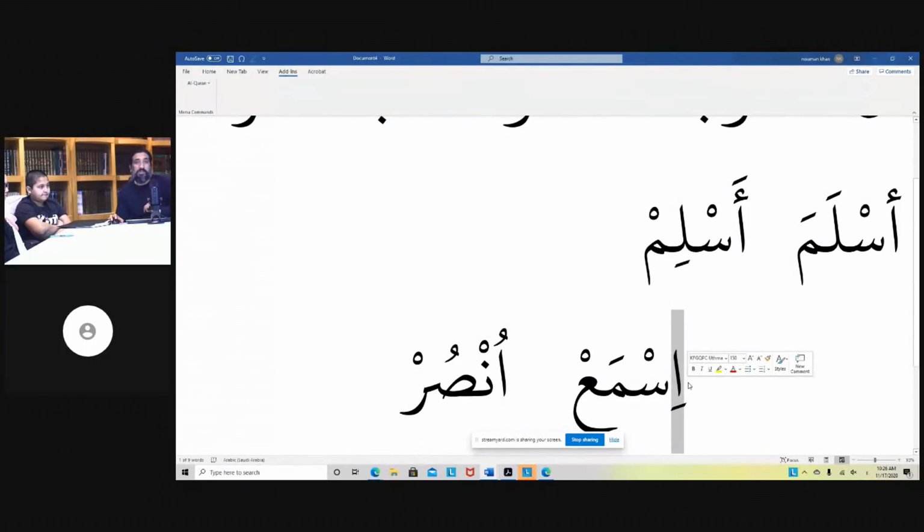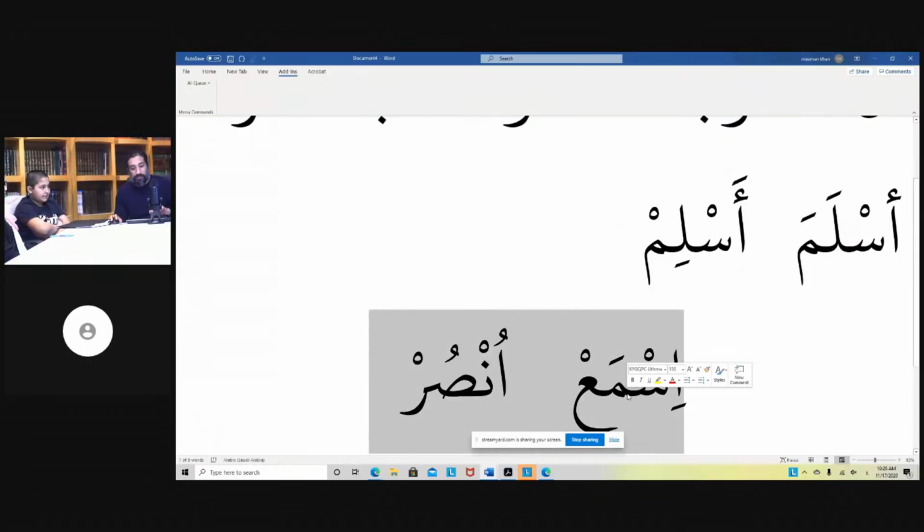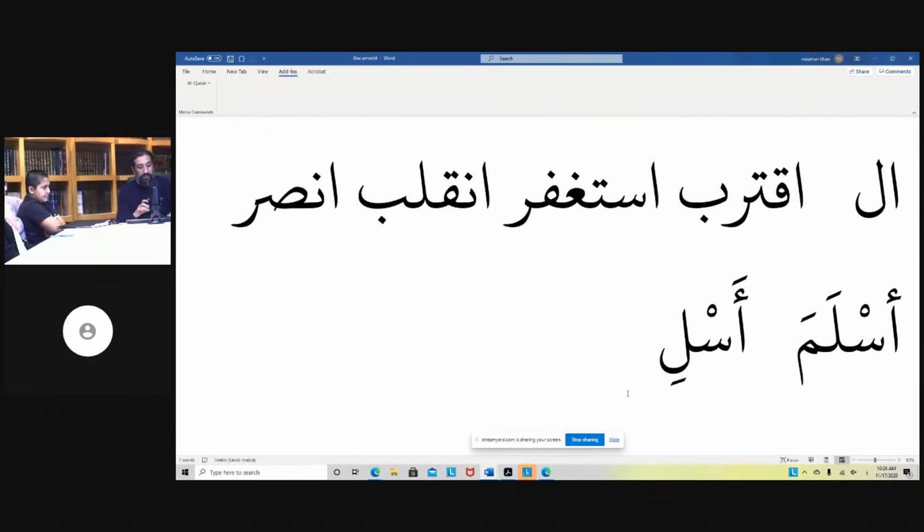Unless it's from the aslama family, then it's going to be aslim, amin, ashrik, ab'id, absir, etc. So that's going to have the hamza on it. You will also see hamza in the present tense. So if I say huwa yansuru, right? Now let me walk you through this.